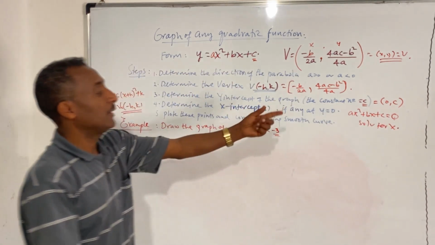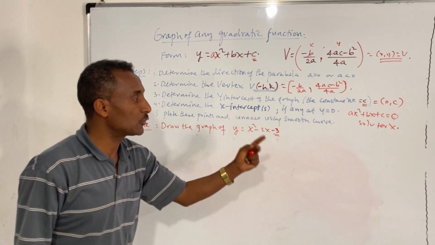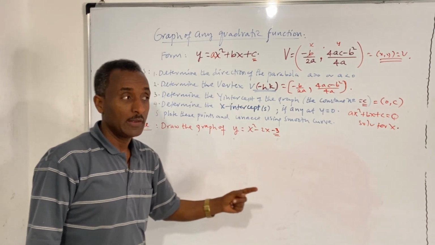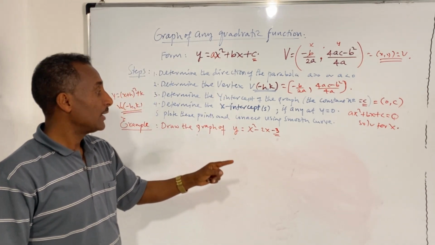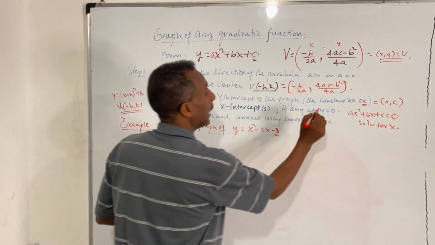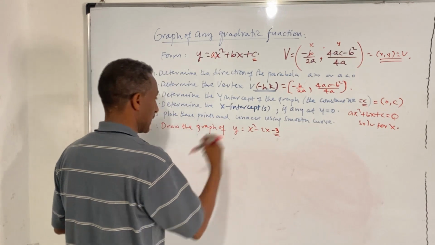When we solve, we get either no solution, one solution, or two solutions, which are our x-intercepts. At these points of x, the graph crosses the x-axis. So we replace y with 0 and solve for x.